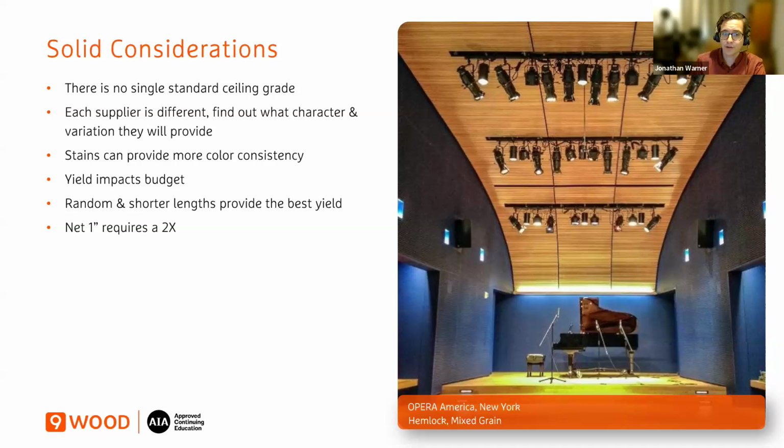Make sure you get samples of whatever species and systems you're looking at, and also ask the manufacturer for photos of installed products with the same species and system. So you can physically see the samples and products, but also see how it looks in a variety of different applications and conditions, which gives you a better idea of what color variation and character you're going to see before you get too far down the road.